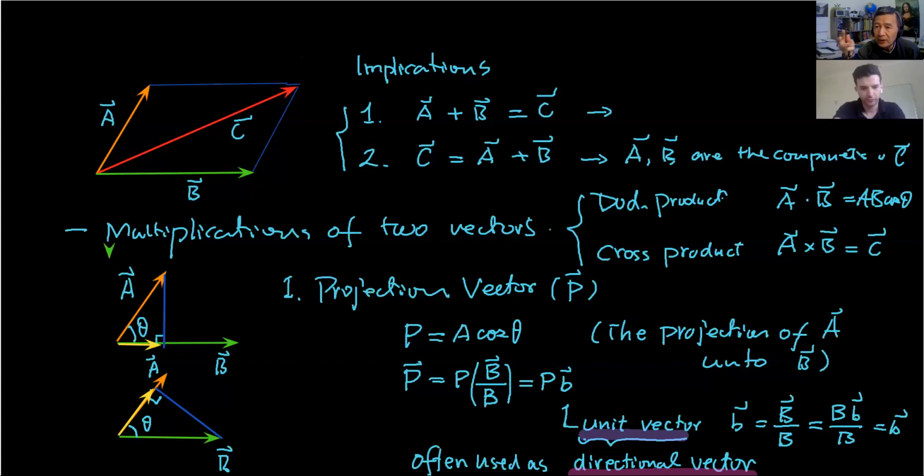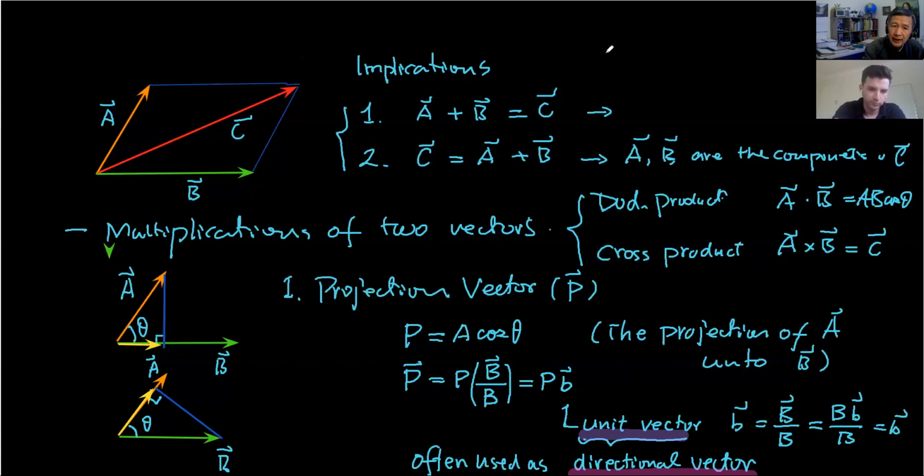For example, for 2D, like we discussed here, it's a two-dimensional space, so we use two directional vectors. In this particular case, we simply use this unit vector to describe the direction of vector B.